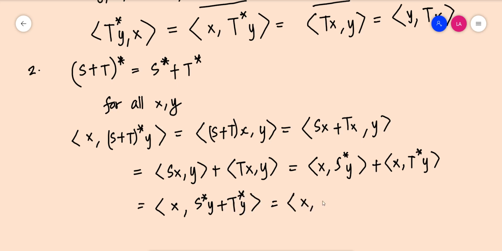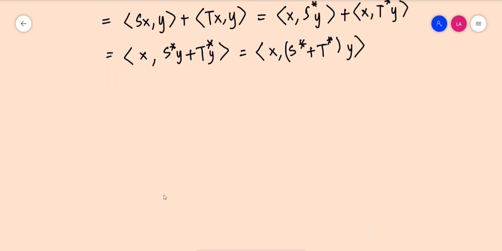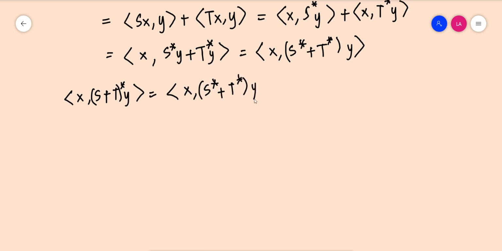So this should be x, (S star plus T star) of y. So we have established that inner product x, (S plus T) star y should be equal to inner product x, (S star plus T star) of y.